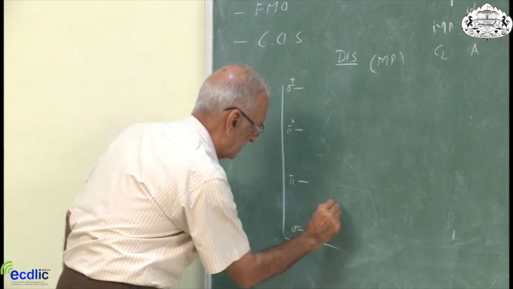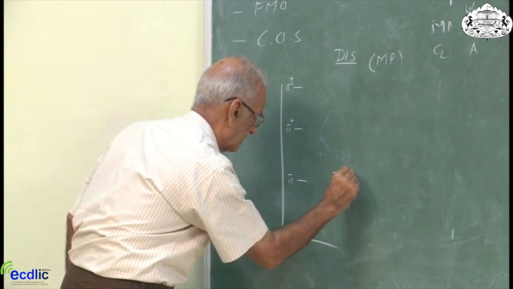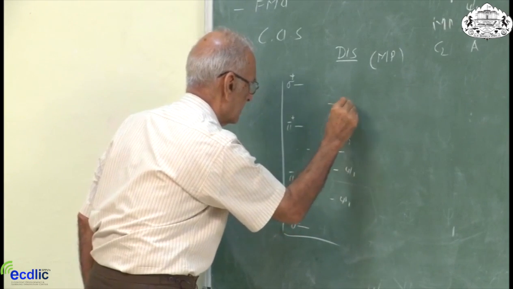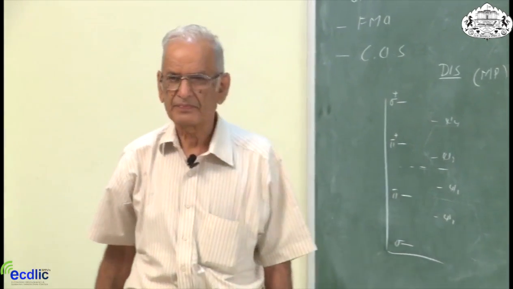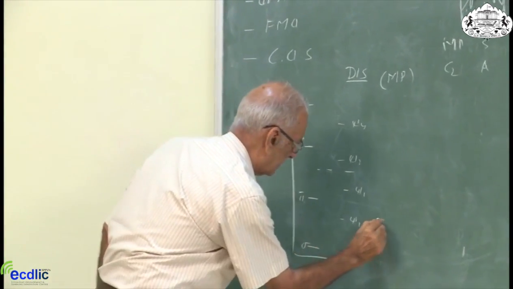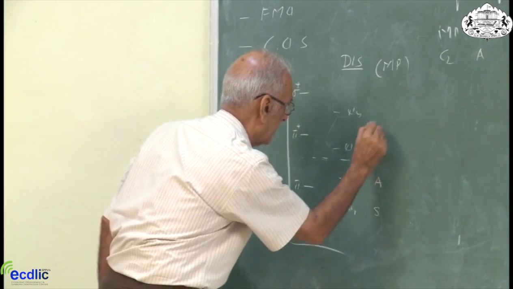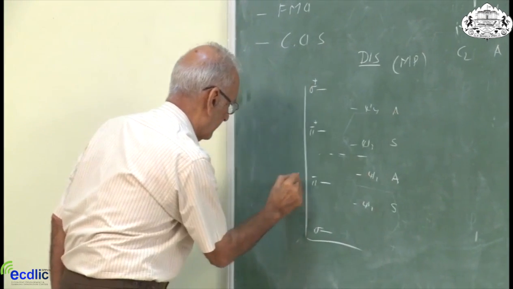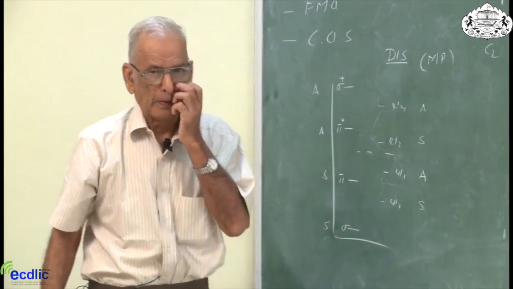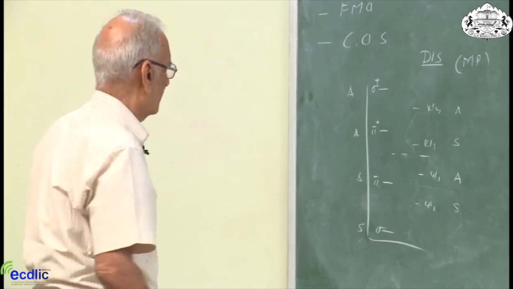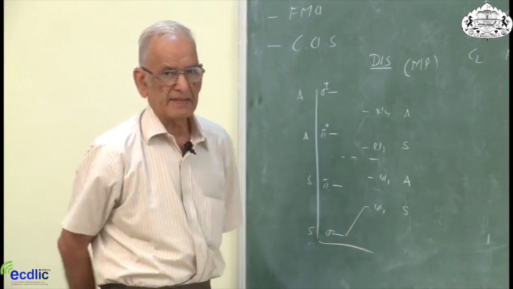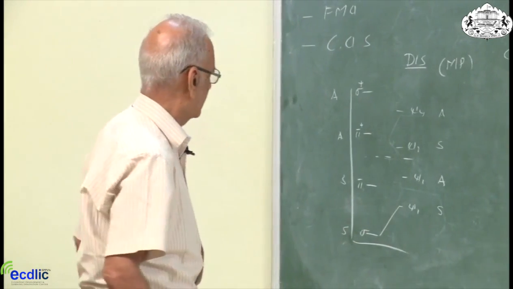And then psi 1 is below this, psi 2 is above this, psi 3 is this, psi 4 is this. Then we put the labels S, A, S, A, here also S, A, S, A. We joined orbitals of like symmetry, therefore, sigma is joined to psi 1.